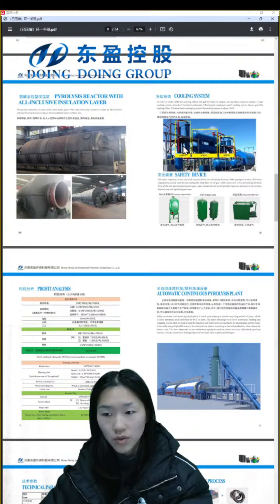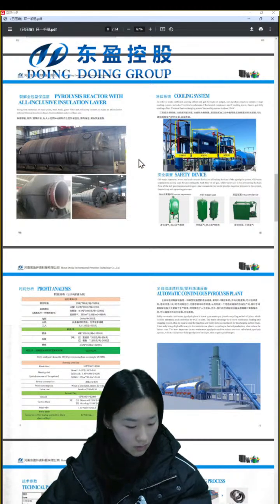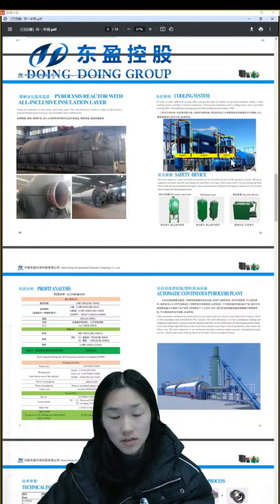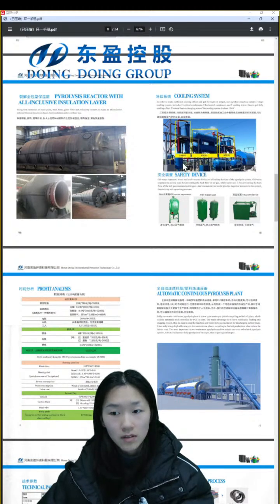This oil is very dirty. For our machine, you can get the dirty oil in the first small oil tank, and backwards the second oil tank, the third oil tank, there is more clear oil. This is our advantage.